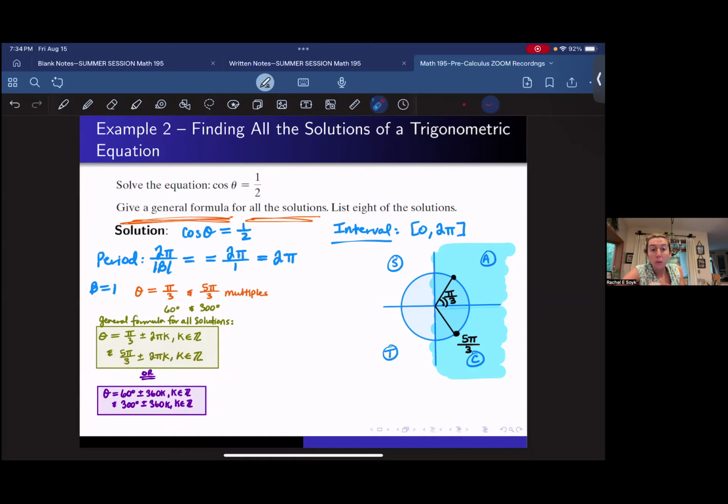But we didn't finish solving this problem because the second part is asking to list 8 of the solutions. So essentially what we just have to do is let's pick another 3 coterminal angles for pi over 3, and we can list them out, and then another 3 coterminal angles for 5 pi over 3, list them out, and then we have our 8 solutions.